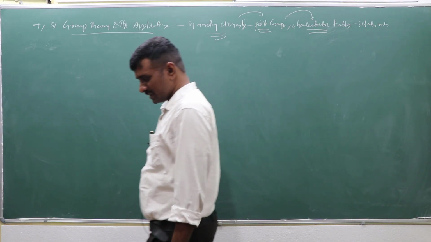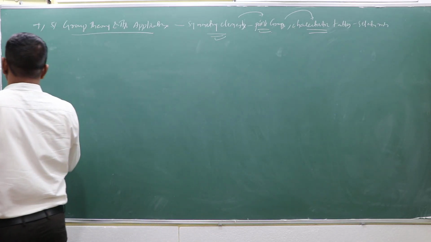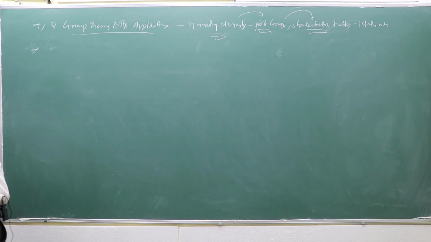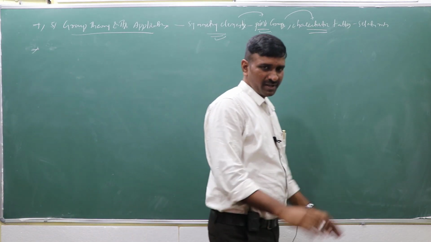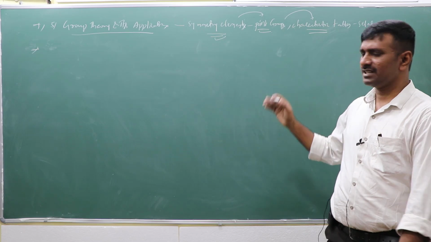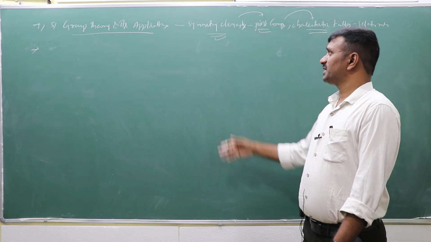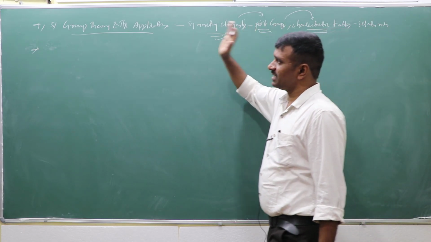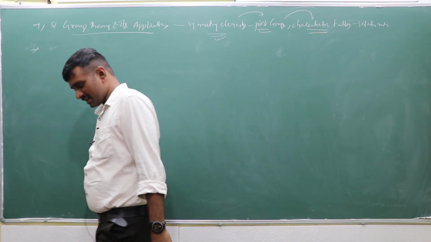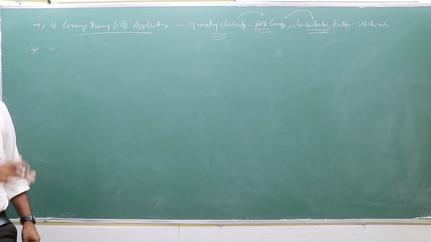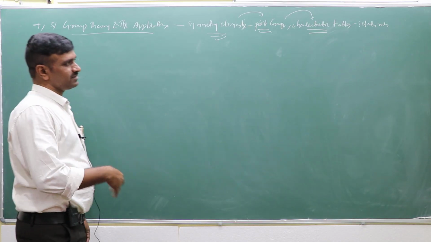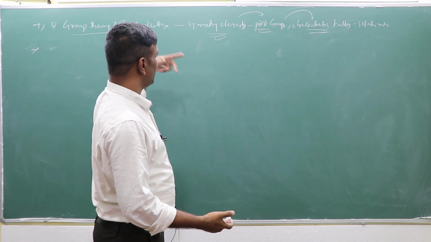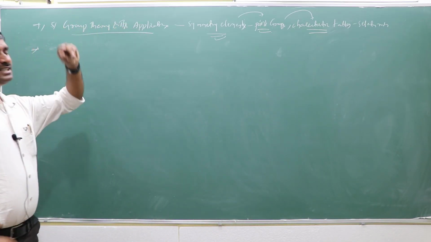From this unit you may imagine questions, whether inorganic related or physical related. Symmetry elements, point groups and group theory are interrelated topics. First you know the symmetry elements, then the point group, then the character table, which is called group theory.